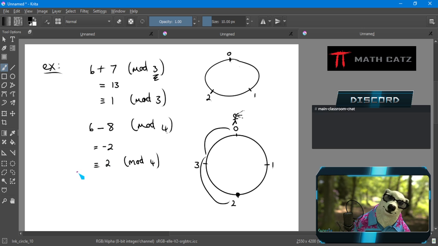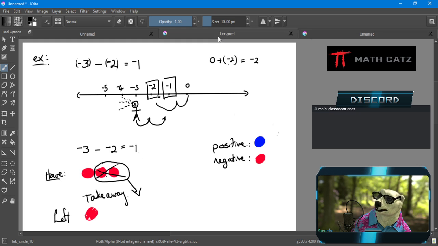But on the circle, it loops me back, and I'm sort of counting down to a position that is actually a number higher than my 0 because of the loop effect. So in both cases, even in multiplication, I do the arithmetic as if it's the number line. But the number line has a section here.